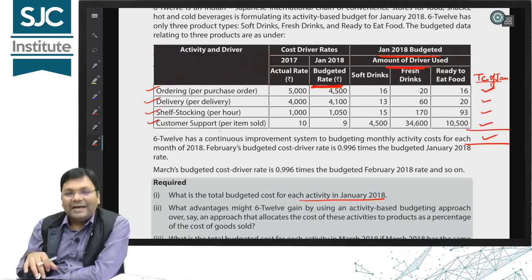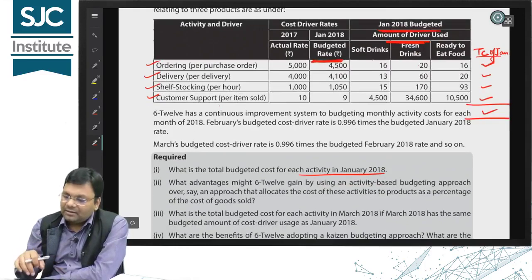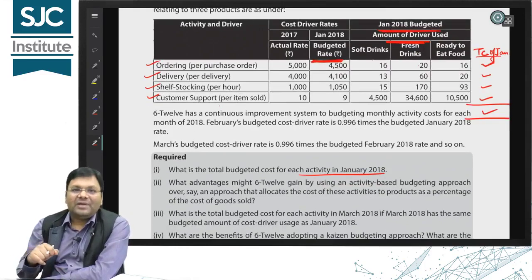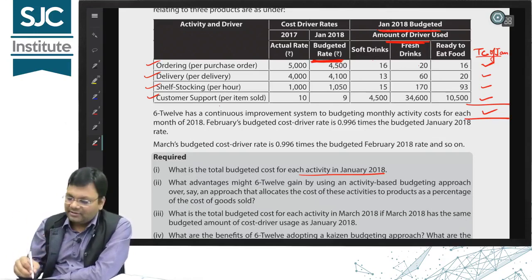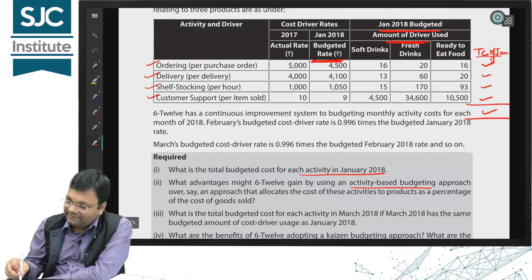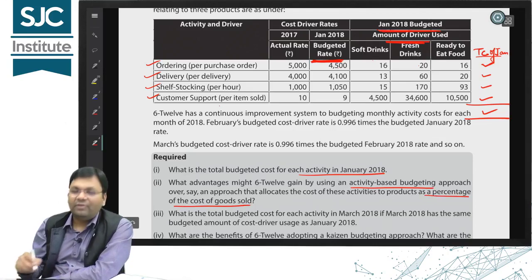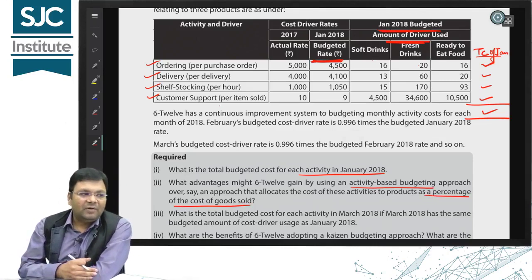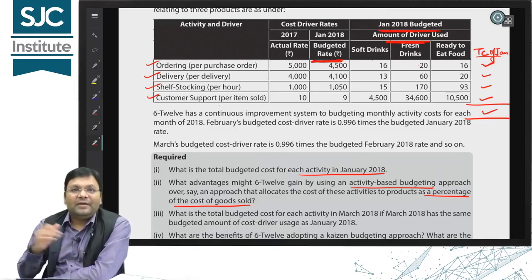Then second, they are asking the question over here that why we should use activity based costing instead of traditional cost of goods sold based costing. Not costing, actually budgeting. Why use activity based budgeting rather than using percentage of goods sold? Now if you remember, I had talked in traditional costing about labor hours, machine hours, quantity produced, used as basis, but those are actually for factory overheads.